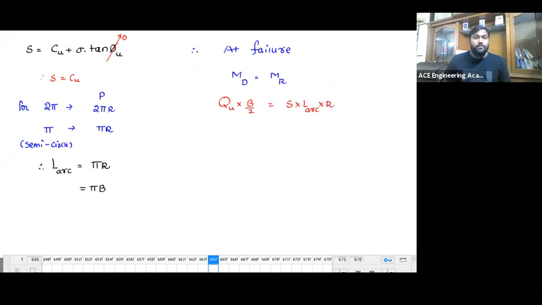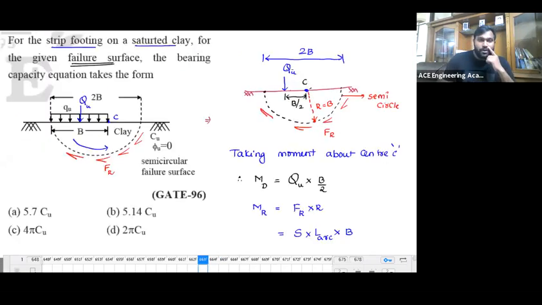Yes. Now, what is the ultimate load? If you know the pressure, how do you find the load? This is a strip footing, right? Pressure is nothing but load by area. Qu is nothing but the load by area. Strip footing, B into 1.